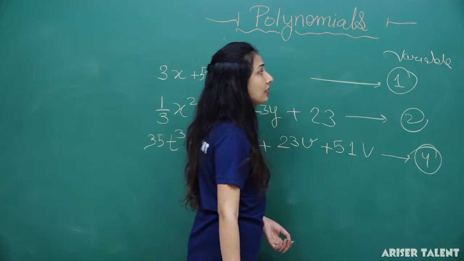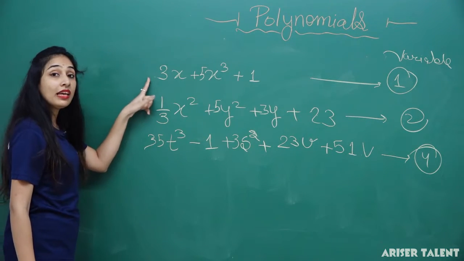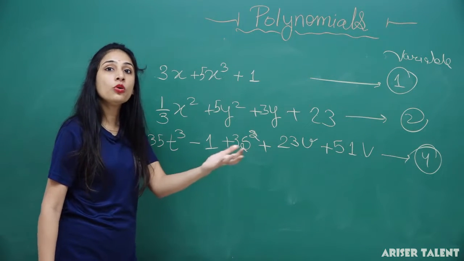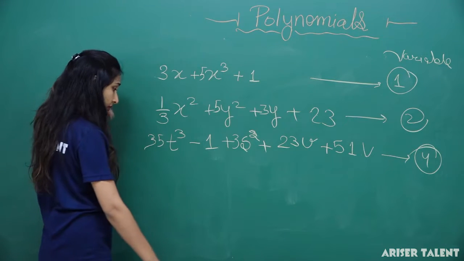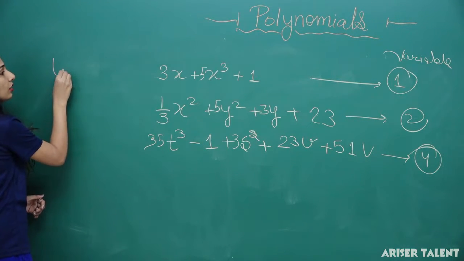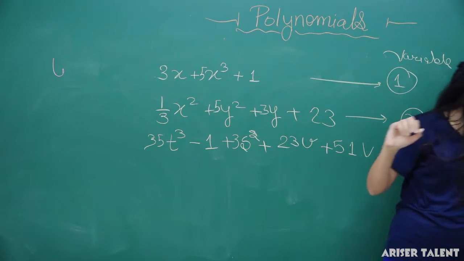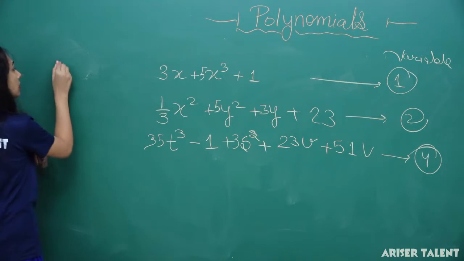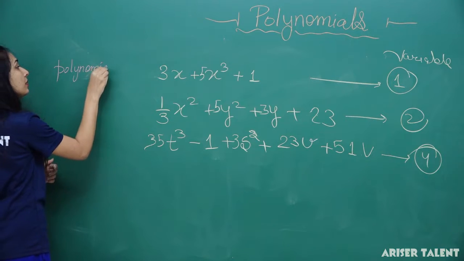That expresses that an expression can be in 1 variable, in 2 variables, in 3 variables and more than 3 variables also. So I will call it, sorry, not linear equation, but polynomial. It's a polynomial in 1 variable.